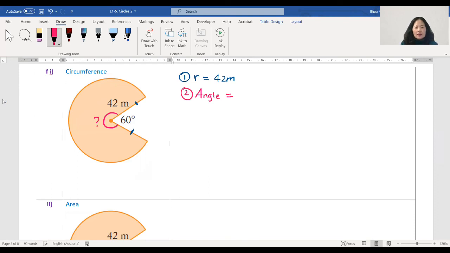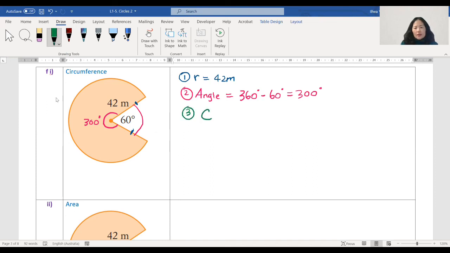The good thing about it is that this part is 60, so I can go 360 degrees take away 60 degrees equals 300 degrees. So here our angle is 300 degrees, because the angle sum of a circle is 360. Okay, so I'm going to go back to the question.